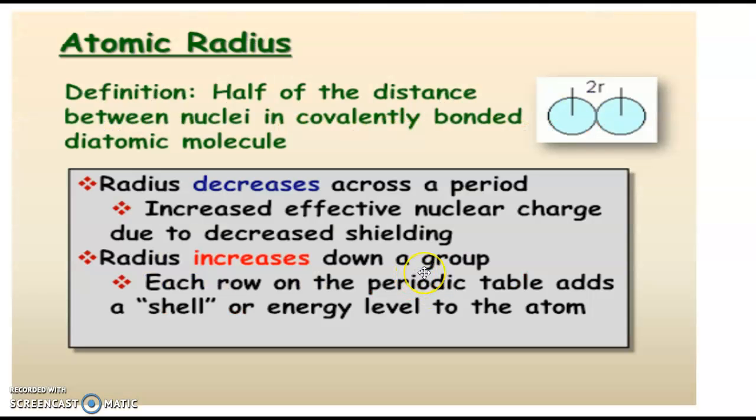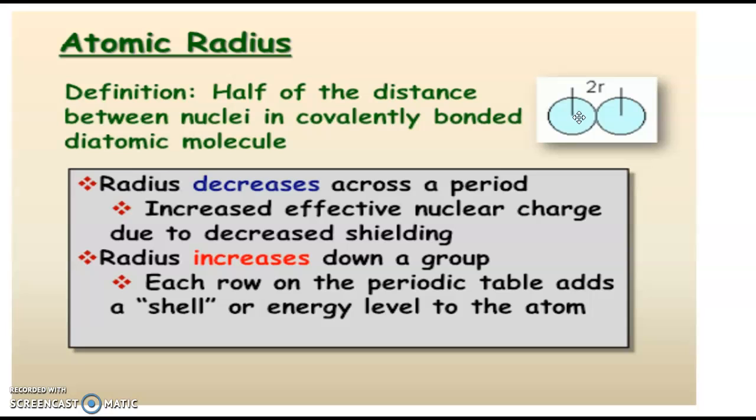Next we will discuss the atomic radius for a diatomic molecule. The definition is half of the distance between the nuclei in a covalently bonded diatomic molecule. Here we are considering a diatomic molecule, a molecule composed of two atoms, each with a nucleus.